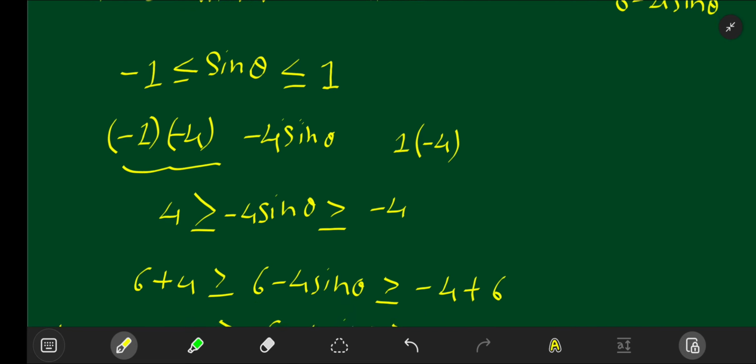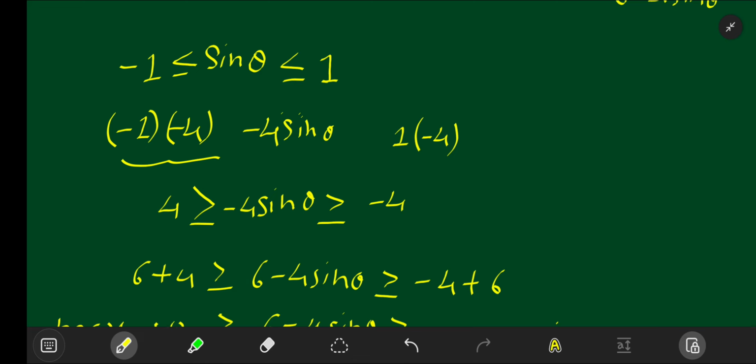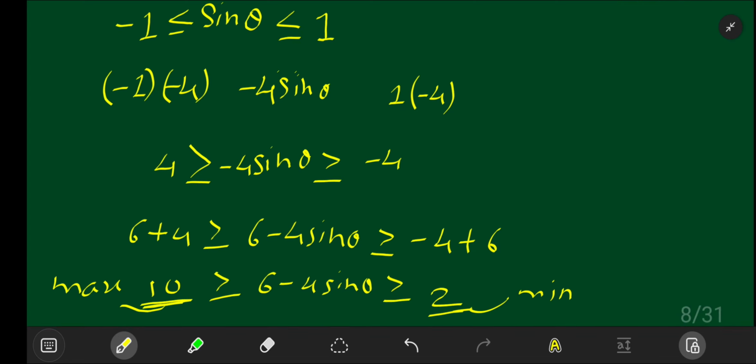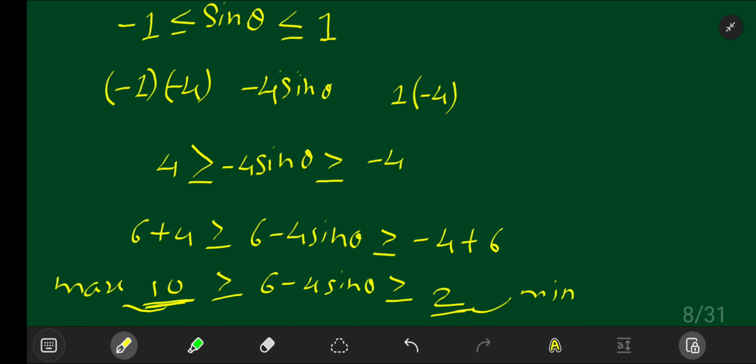If you do this step by step, you will not make mistakes. 10 is the maximum value and 2 is the minimum value.